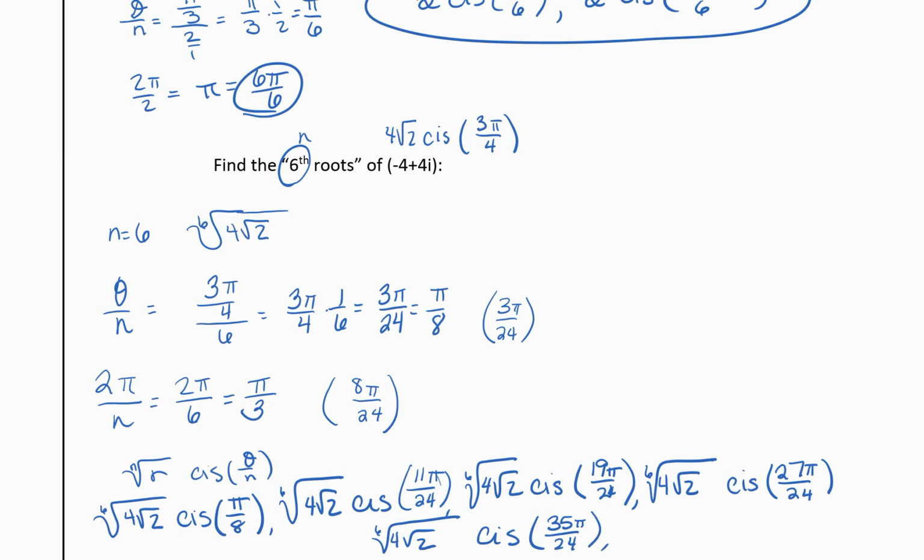And then our last one will be 43 pi over 24. Okay, so every time we're just adding this 8 pi over 24 to our last theta. So those are the 6th roots of -4 plus 4i.